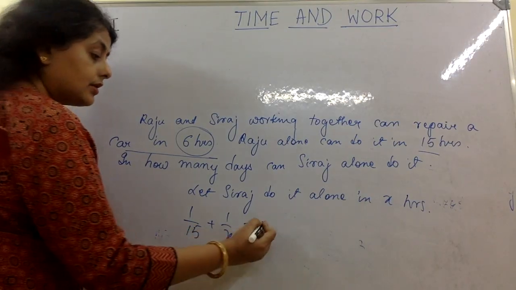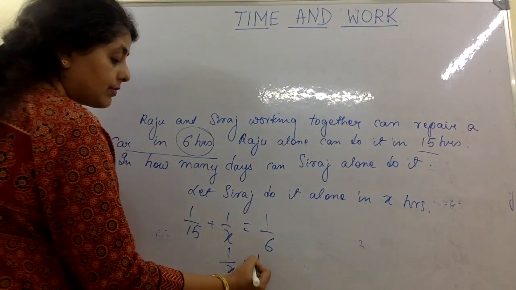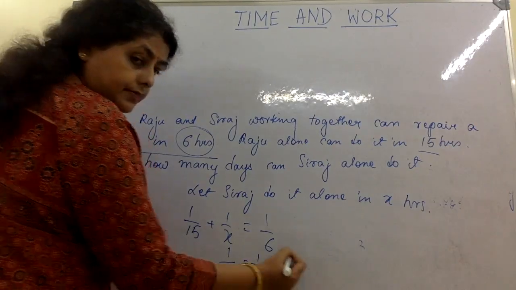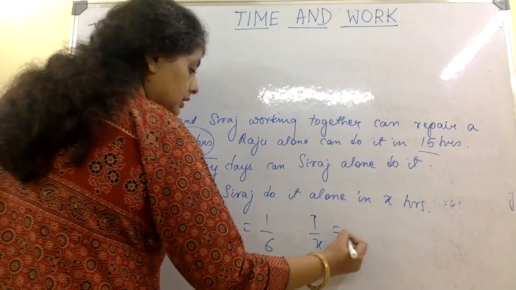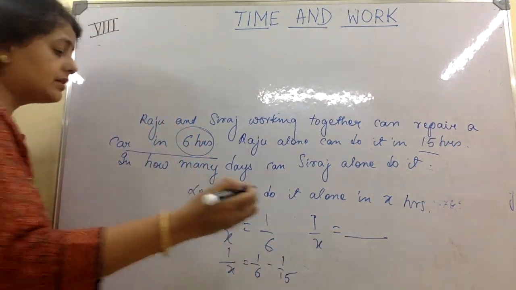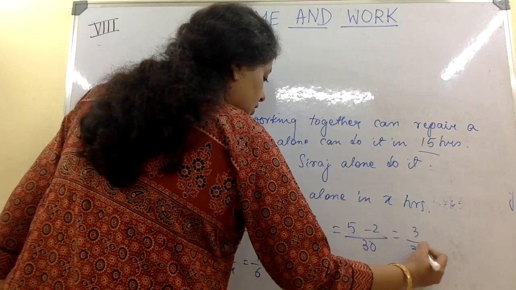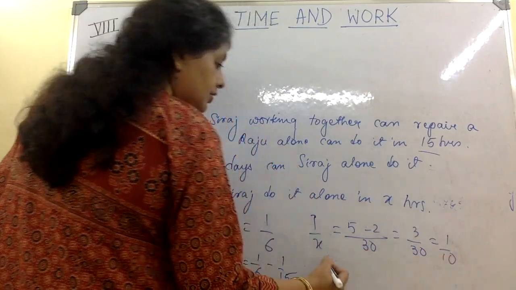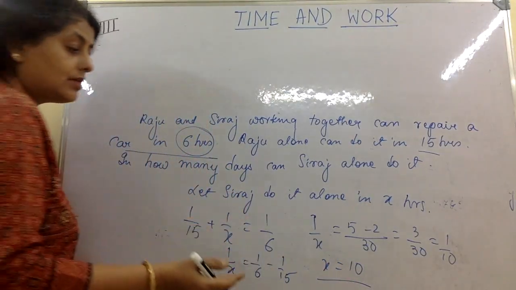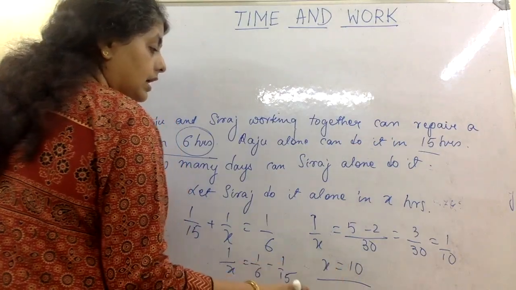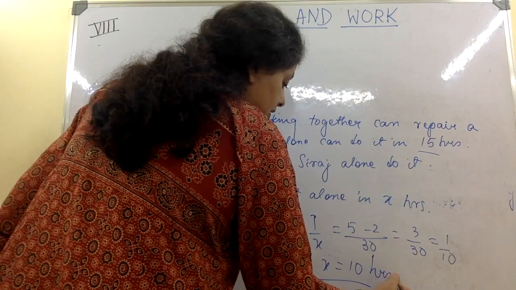Both added together is 1 hour's work of both together. So 1 by x is 1 by 6 minus 1 by 15, which is 5 minus 2 over 30, which is 3 by 30, which is 1 by 10. So x is equal to 10. X is equal to 10 what? 10 hours. So Siraj does it in 10 hours.